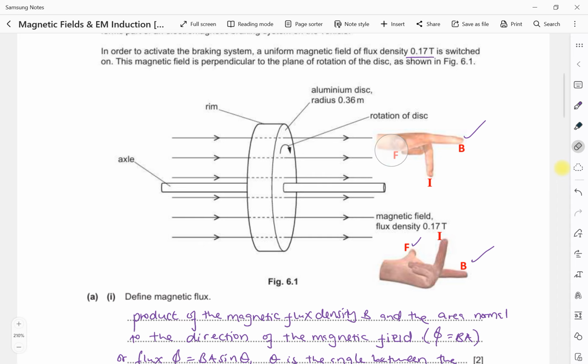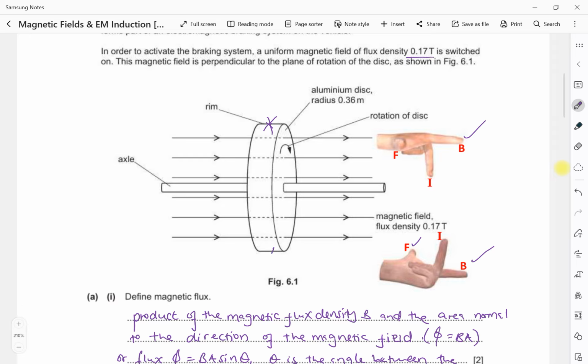With the first finger pointing to the right, the thumb pointing counterclockwise of the rotation of the rim, the second finger points downwards. You can try that with your left hand and see. So that means the second finger is always pointing towards the center of the rim, if you used it at the top here.